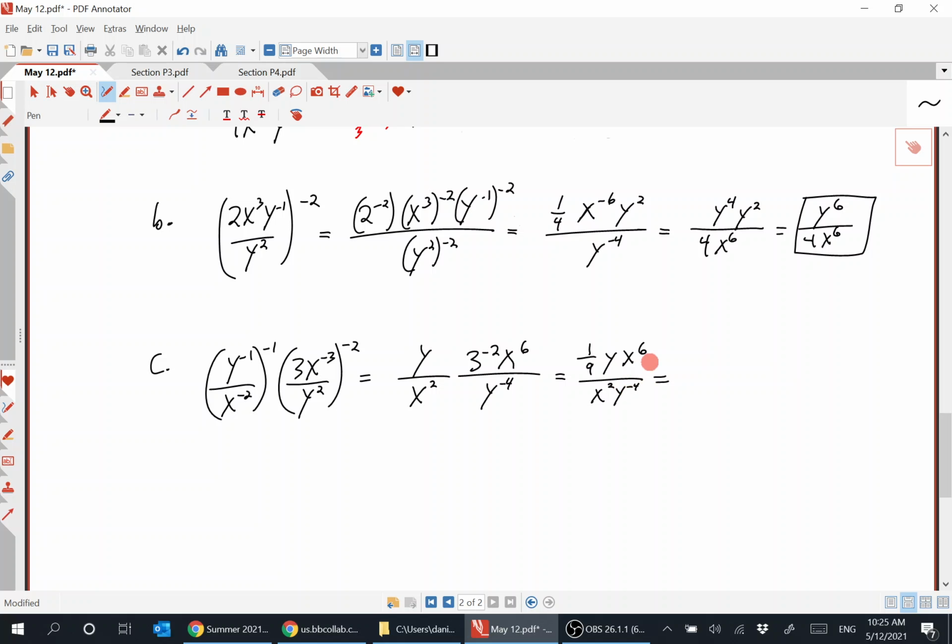Let's take the y to the minus 4 and bring it up top as y to the positive 4. x to the 6th over x squared: 2 factors of x on the bottom, 6 factors of x on the top. Taking away leaves 4 factors of x on the top.